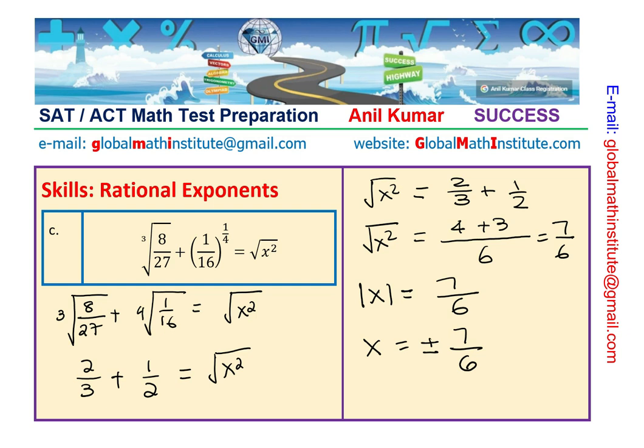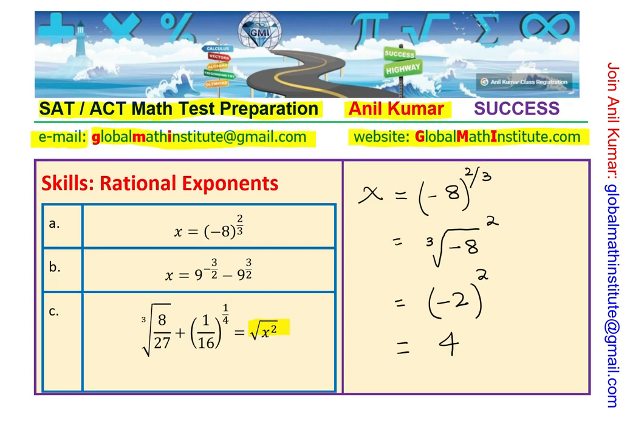Understanding this is very important. So let's remember what is square root of x square. Square root of x square is equal to absolute value of x. It is always positive. It cannot be negative. Perfect. Now with that, we come to an end of this exercise on how do we work with rational exponents.